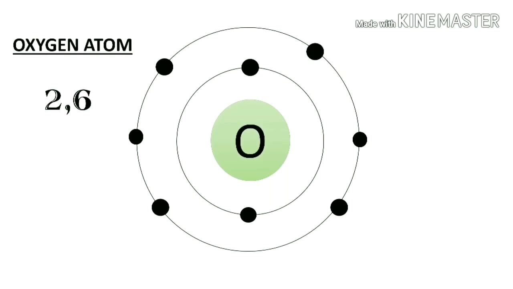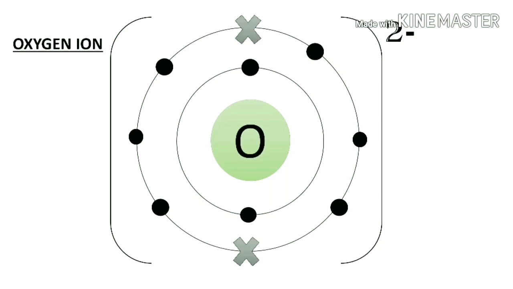Not only dot, you can also use the cross to show the electrons in oxygen. This is an oxygen ion. An oxygen atom has gained 2 electrons as it has place for them in valence shell and becomes oxygen ion.